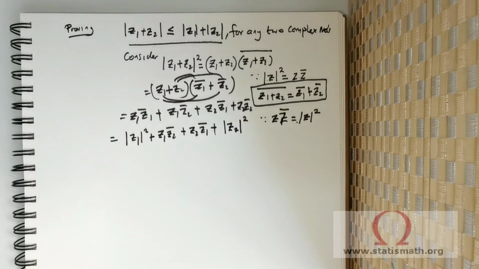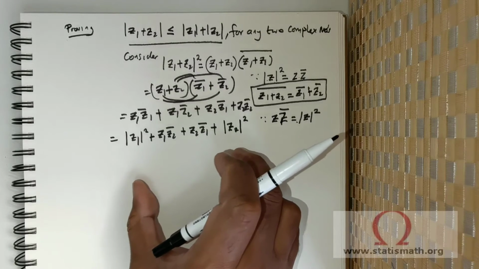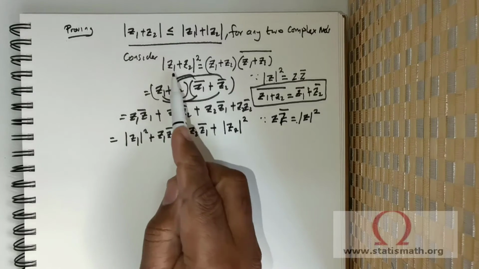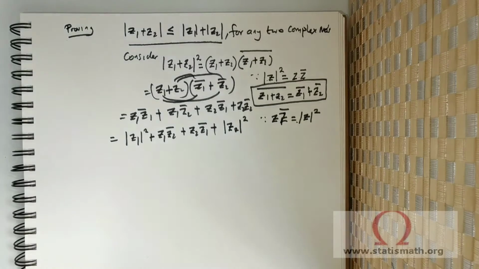So this is what I have got, and all of these things are obtained from the quantity modulus of z1 plus z2 raised to the power 2.